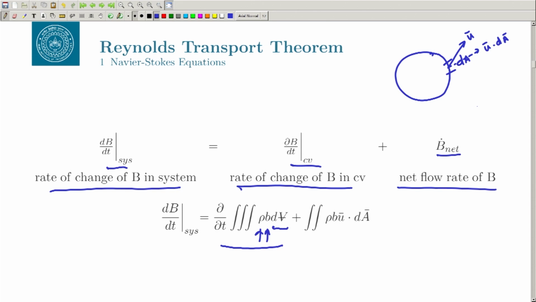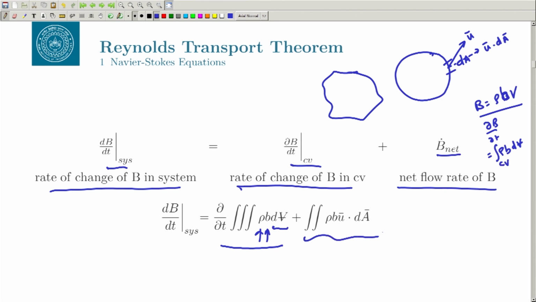Remember, big B is nothing but rho times volume times small b, so that will be mass multiplied by b. That is why, when you say dB by dt, we will have this rho b dV, because we are integrating it over the surface, and the surface can be of any form, like this or any other form. So, that will be rho b dV for the entire control volume. And then you will have the flow rate.